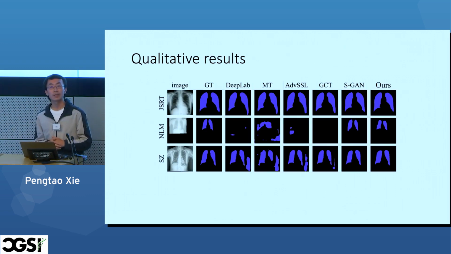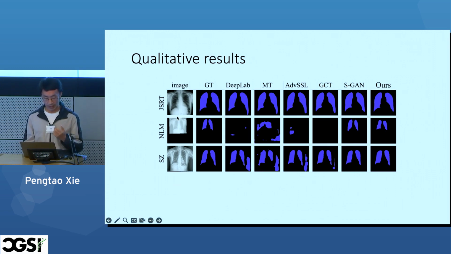Here are some qualitative examples. So the model is trained on the GSRT dataset and tested on GSRT, NLM, and SD. So for the second row, it's an out of distribution generalization problem. We can see that when this test image is out of distribution, basically it is scaled right to this upper left region.